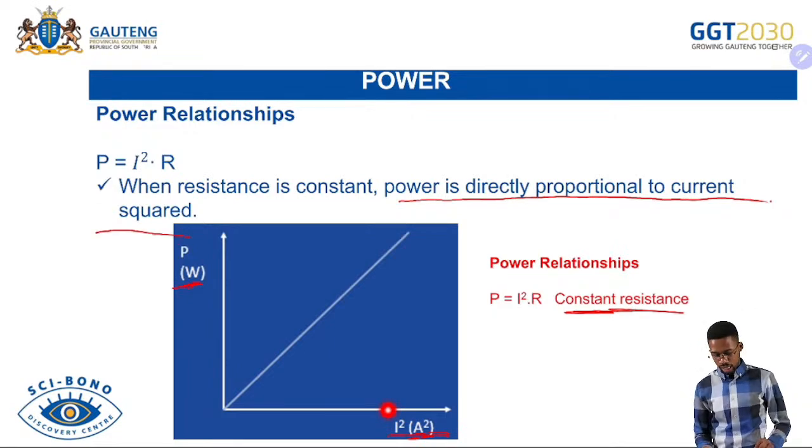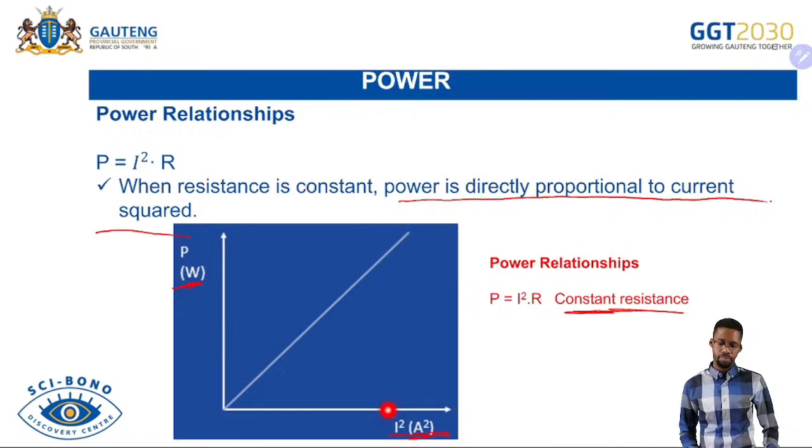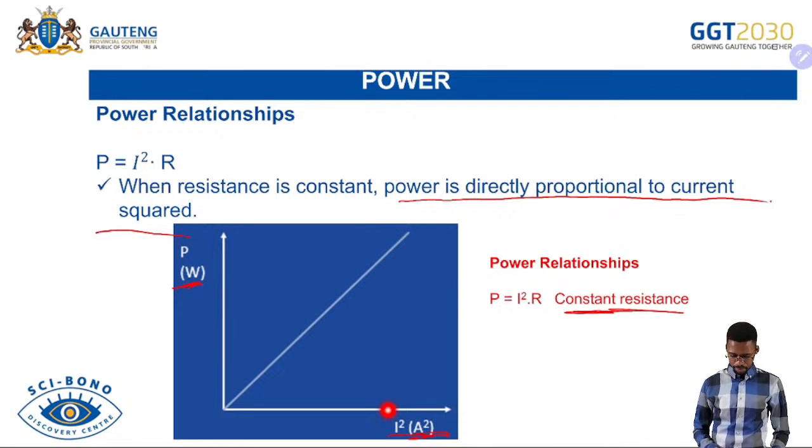This is powerful. So if your resistance is constant, then power is directly proportional to current squared, and it forms this linear relationship.